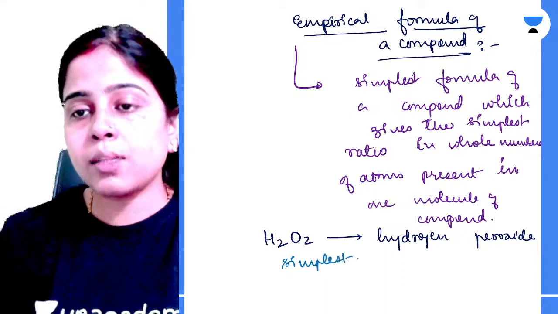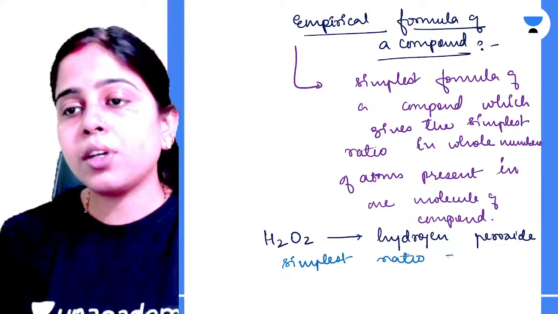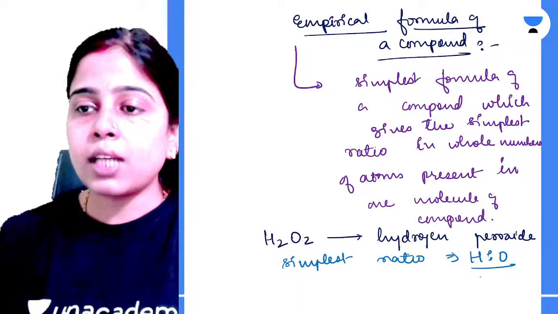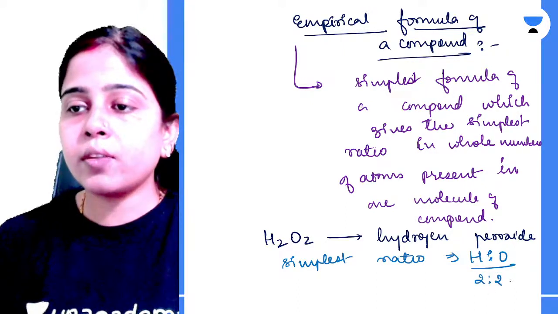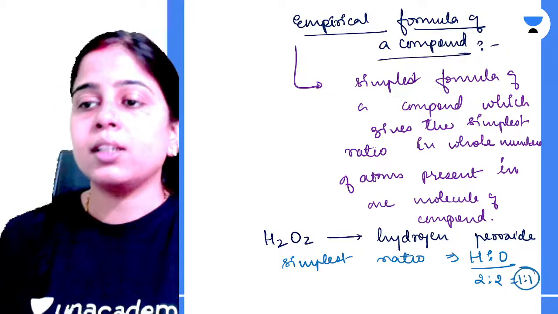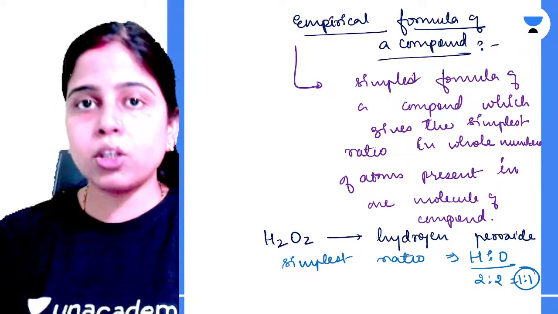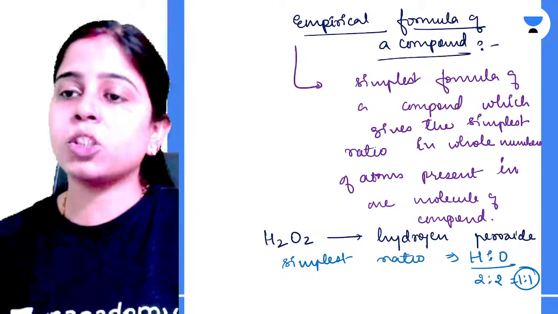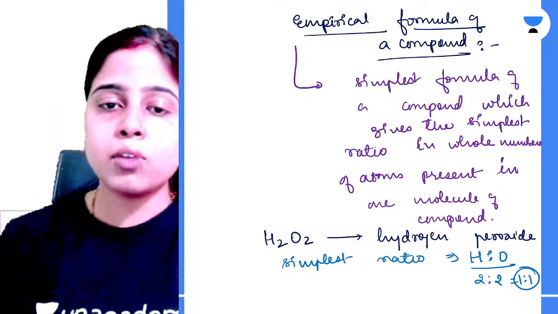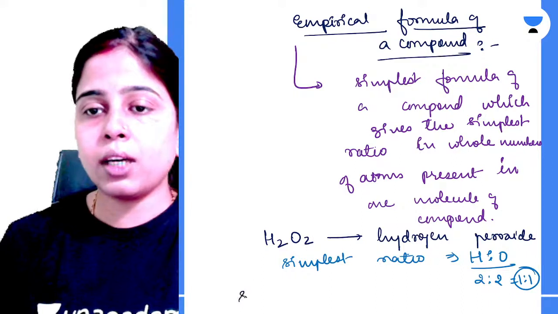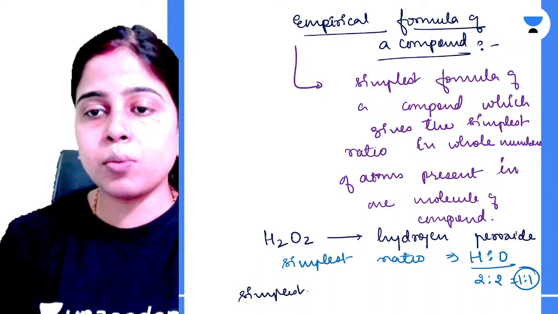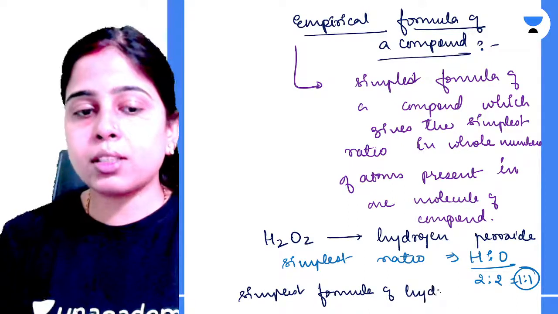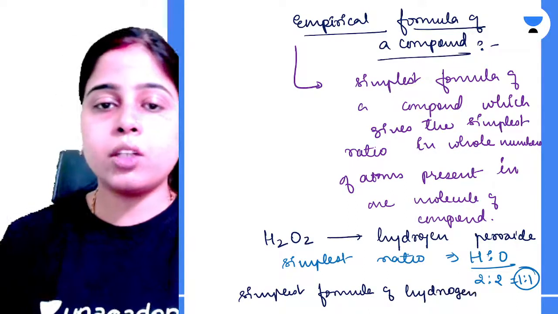The simplest ratio of hydrogen to oxygen, if you write 2:2, will come out to be 1:1. That means this is the simplest ratio of hydrogen and oxygen present in the molecule of hydrogen peroxide. That means if you want to write the simplest formula of hydrogen peroxide, what will it be?